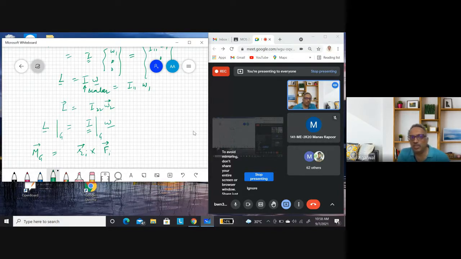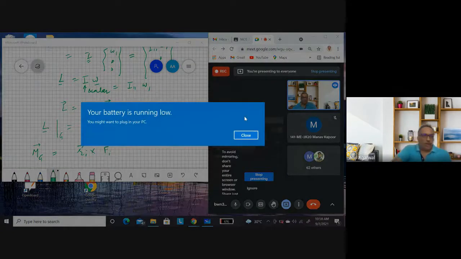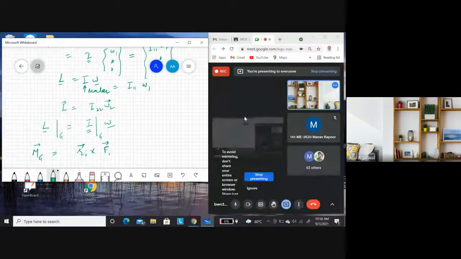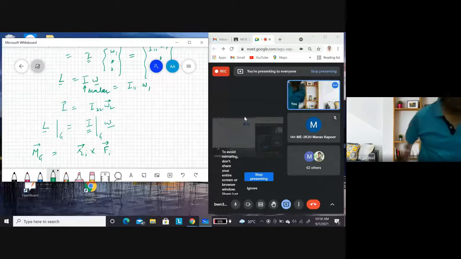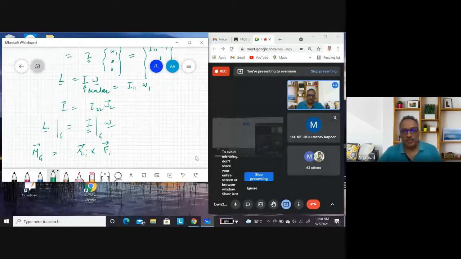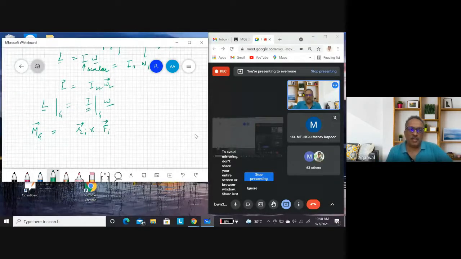You sum all the forces, and your measurements are with respect to the centroid of your position vector r. This we had found was equal to dL by dt, while L was this.